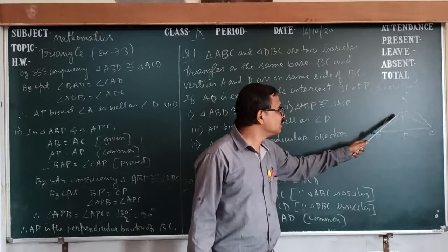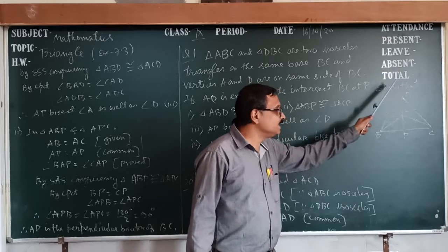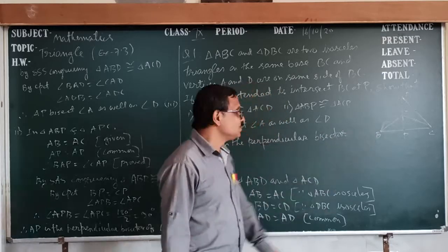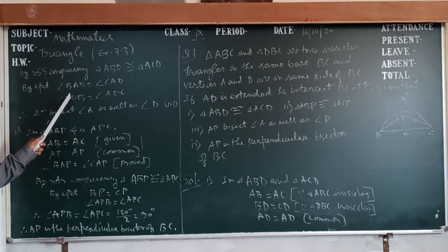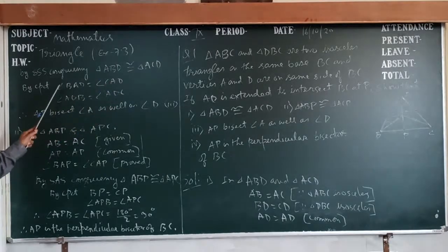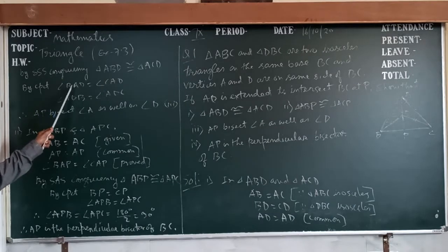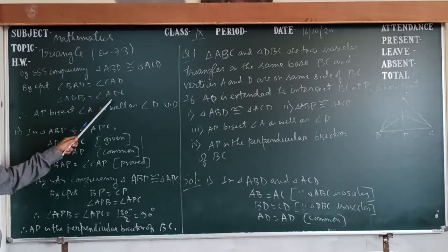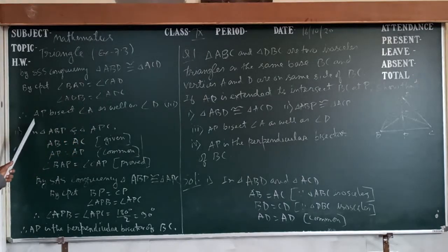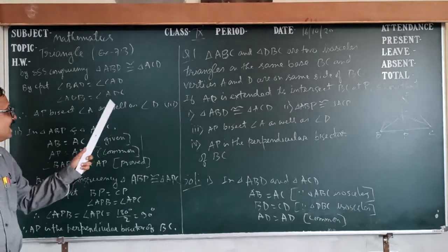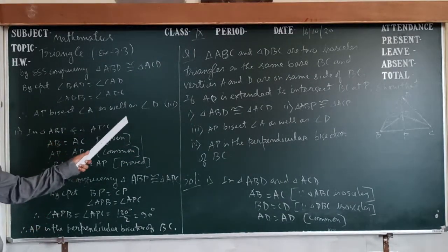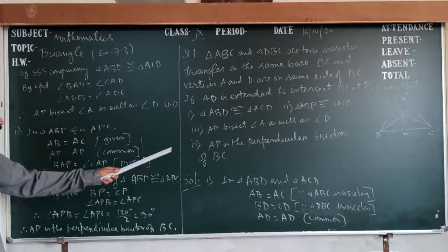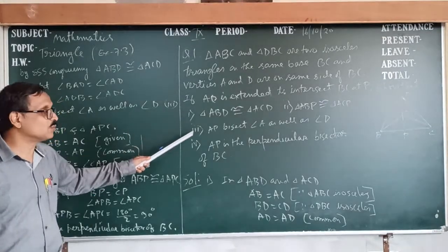As they are equal, AP bisects angle A as well as angle D. So after one, we have proved the third one.